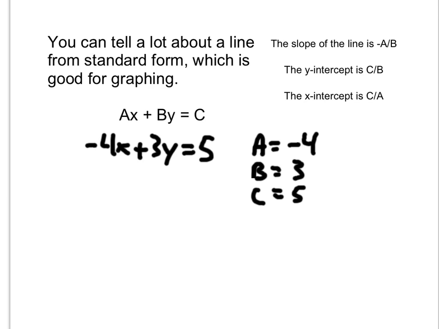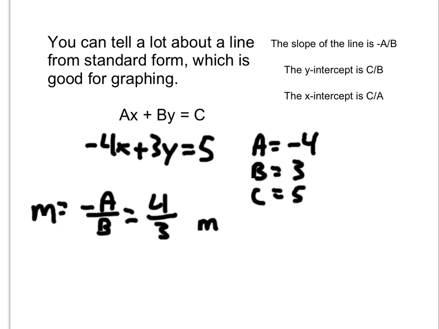So my slope, my m, equals the opposite of a over b, which in this case the opposite of a is 4 over, and b is 3. So I know just from this that my m is 4/3.